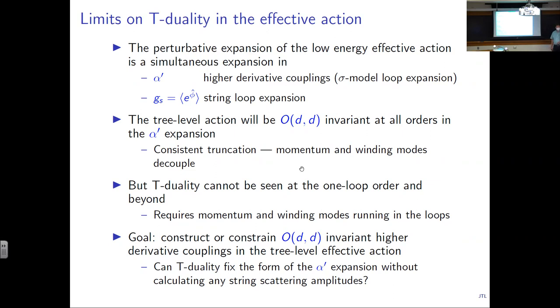And so the idea is to demand T-duality invariance in the alpha prime expansion and use that to constrain the form of the tree level effective action as much as you can. And you might even hope, can T-duality invariance constrain everything? Is there going to be a unique answer at each order in alpha prime just from T-duality?